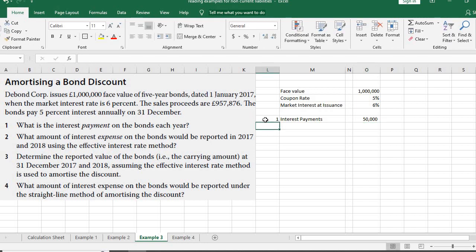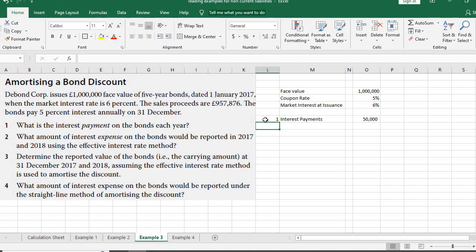Number 2 is what amount of interest expense on the bonds would be reported in 2017 and 2018 using the effective interest rate method. So basically what we need to understand is, let's say these bonds were issued on 1st of January 2017, and we recorded a liability of 957,876 pounds on the balance sheet. So over the course of the next 5 years, this liability has to catch up to the face value, which is £1,000,000.